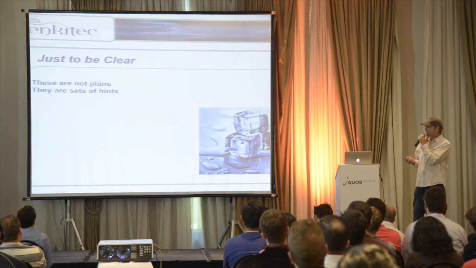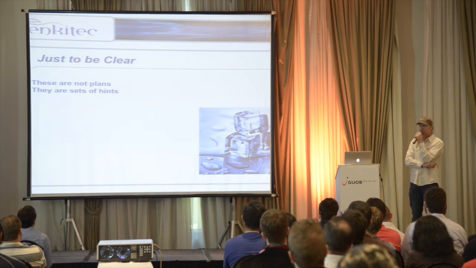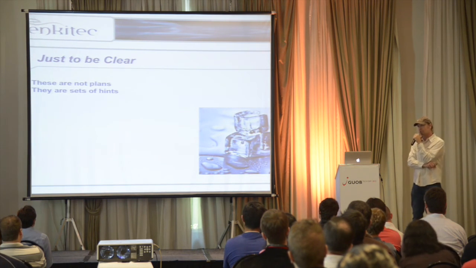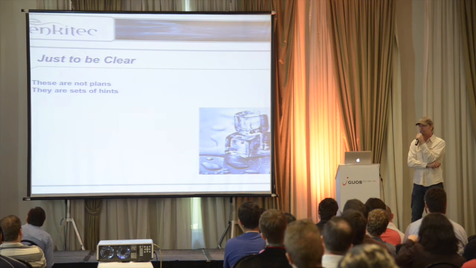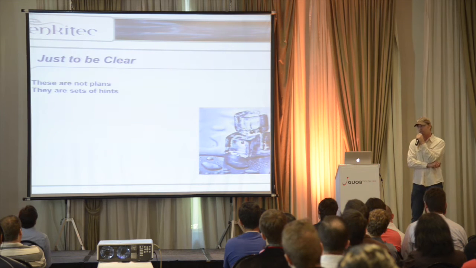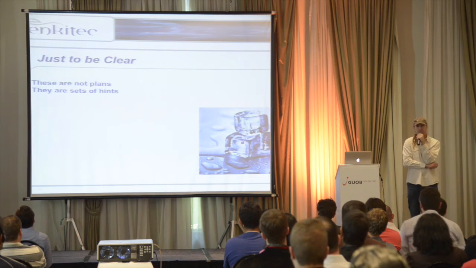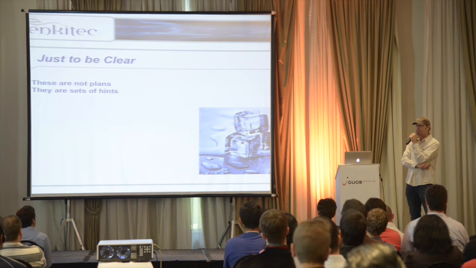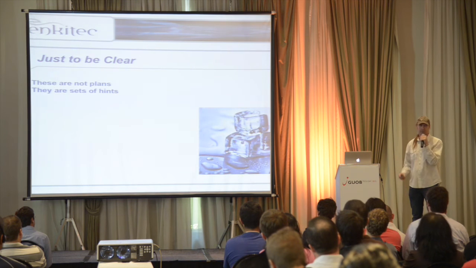So just to be clear, these are not plans. Baselines do not store plans for a SQL statement. When you read the documentation, it looks kind of like that, like it's a plan that they're storing. It's not a plan. It's just a set of hints. So hopefully that set of hints is complete enough to limit the optimizer's choices down to a single plan.